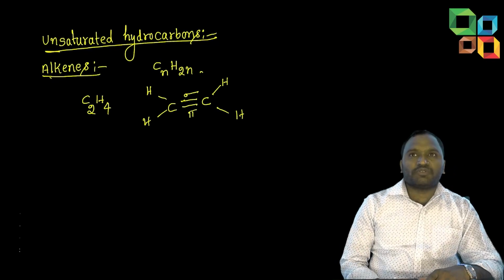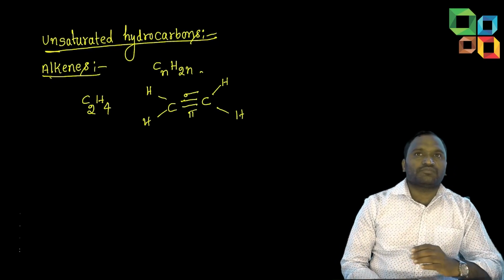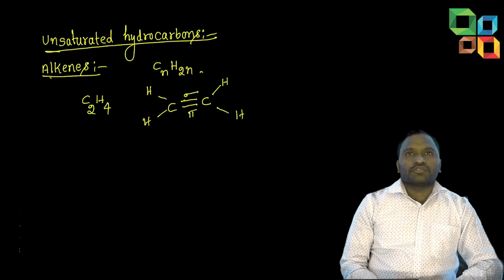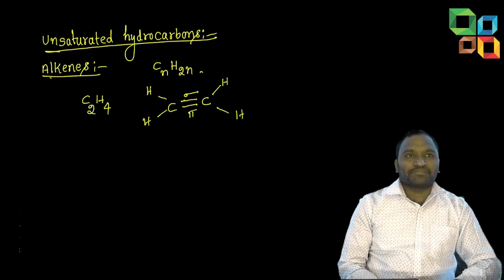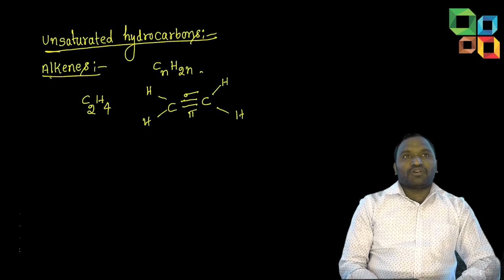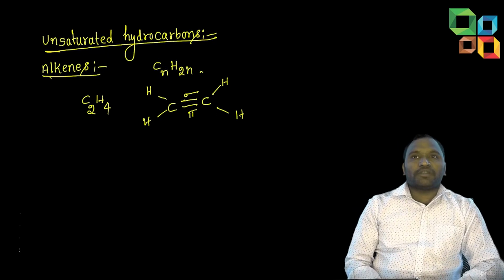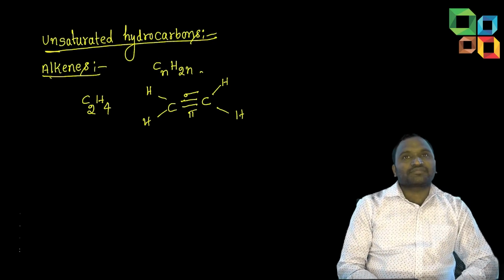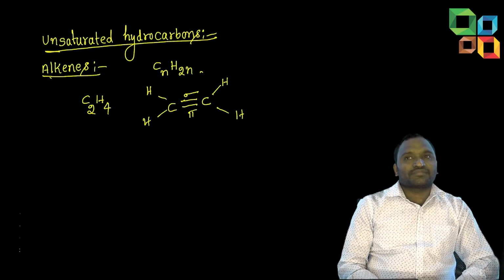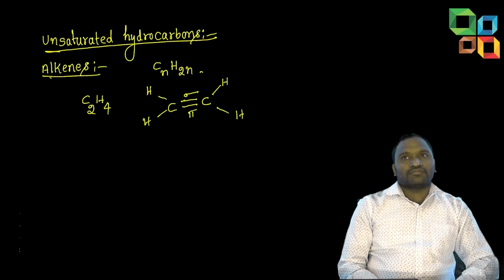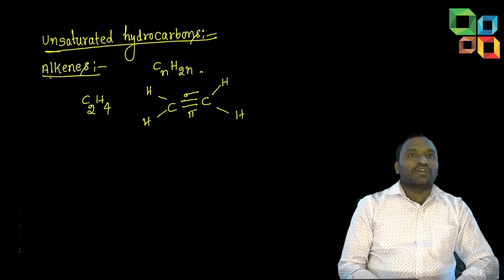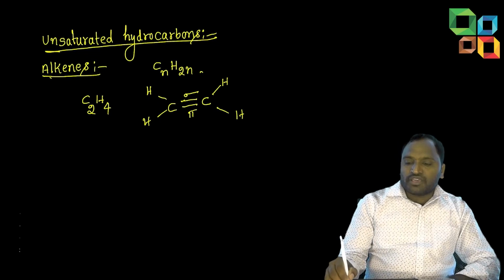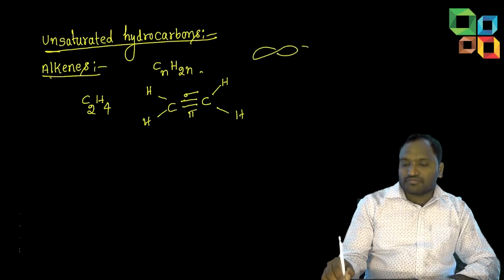Do you know the difference between sigma and pi bond, students? You told it last year. Yeah, the orbitals, if they overlap axially, form sigma bond.